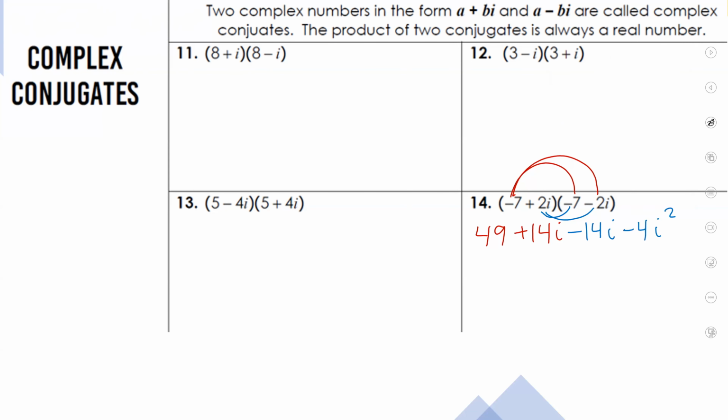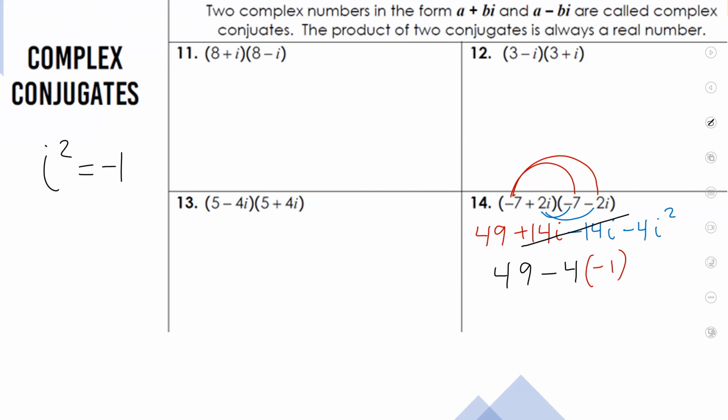Now look, 14i minus 14i, that cancels out, it's just 0. So I have 49 minus 4i squared. And guys, what did we say i squared was? i squared is negative 1. So I can erase this i squared, and I'm going to put a negative 1 in its place.